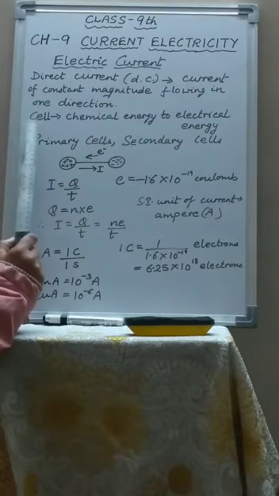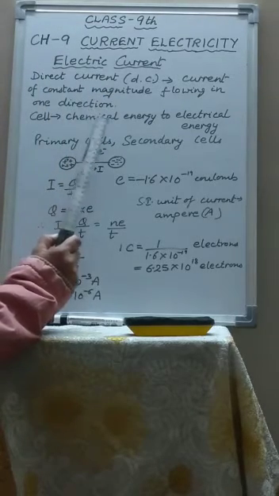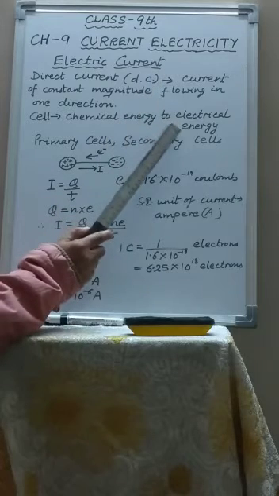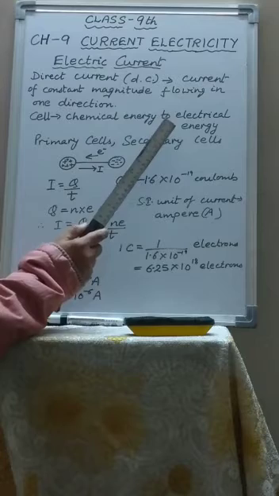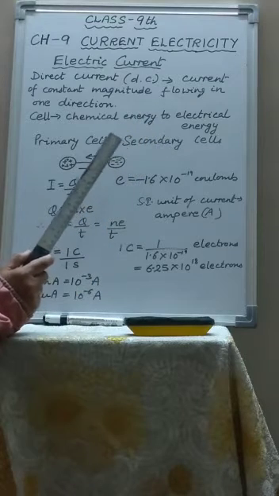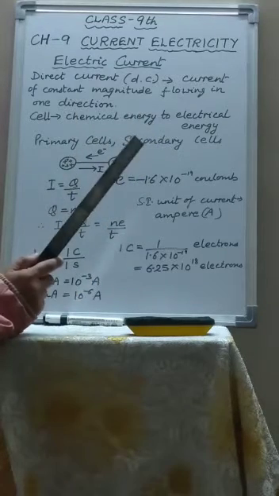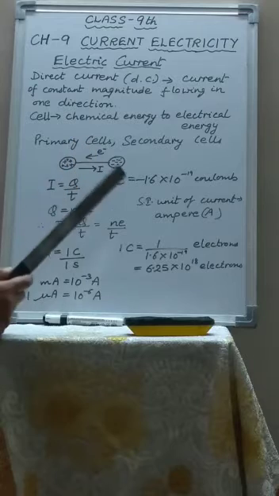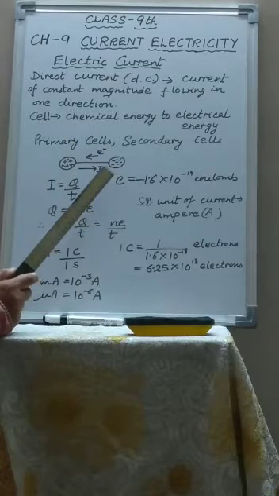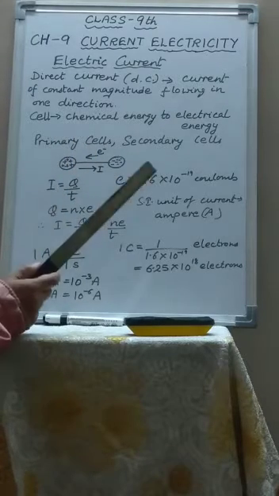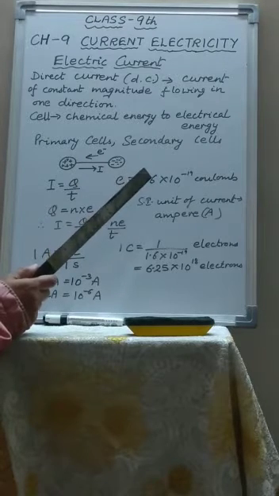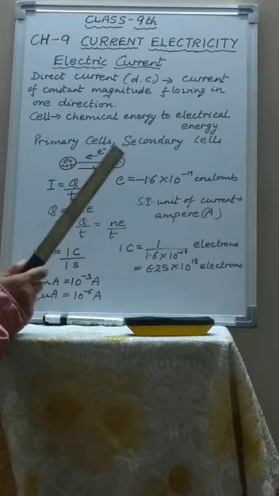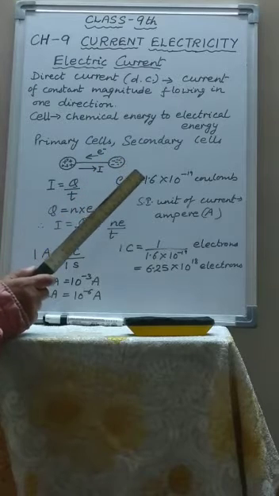In a cell, chemical energy changes into electrical energy when it sends current in a circuit. You have already read that a cell basically consists of a vessel which contains two conducting rods called electrodes, one positive and one negative, kept at some separation and immersed in a solution or jelly called the electrolyte.